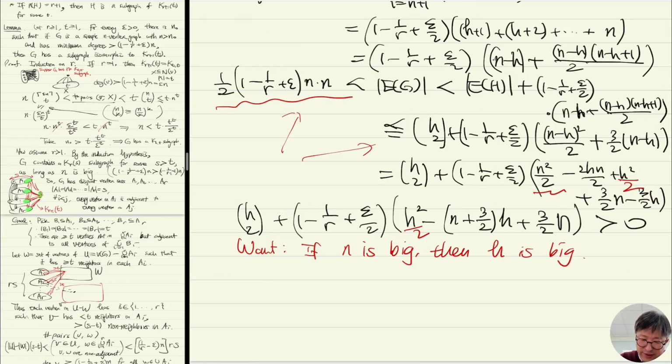All right, so let me just rearrange. Something like this: h squared times 1/2 plus 1 minus 1 over r plus epsilon over 2, and then just little terms like half h, is bigger than 1 minus 1 over r plus epsilon over 2.